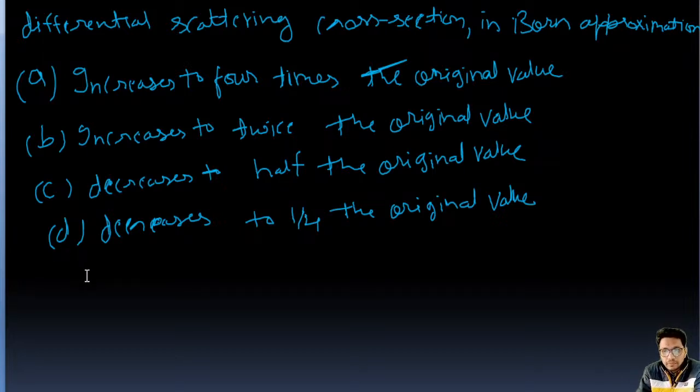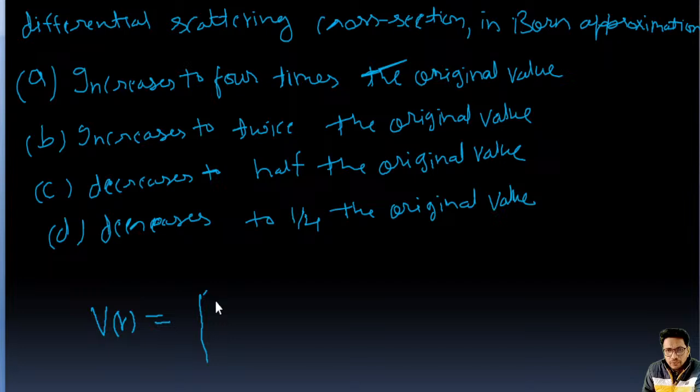So whatever is given, we'll write it first. This is the solution. V(r), the function of r, is given, but here it's constant, it does not depend on r.